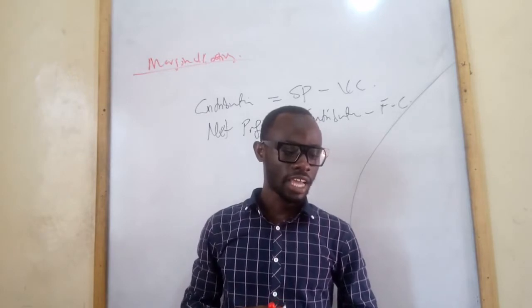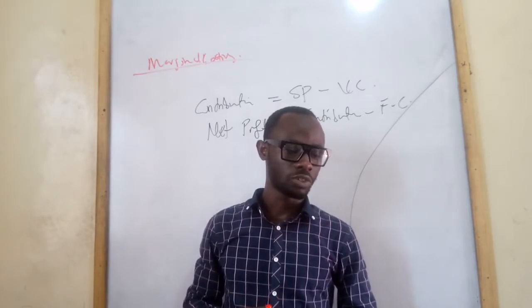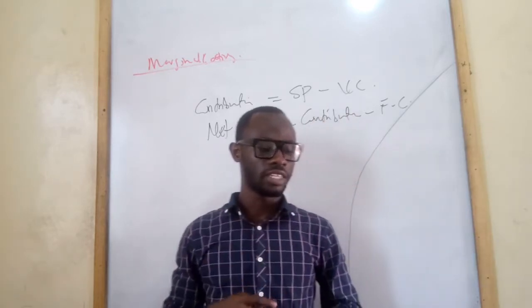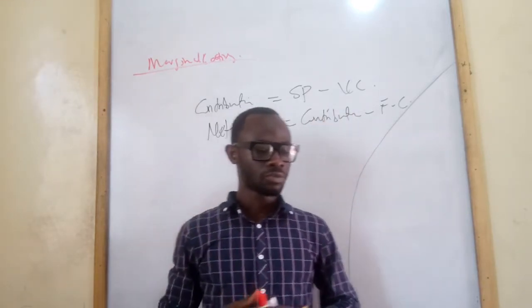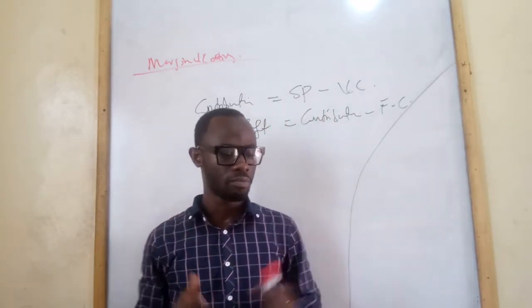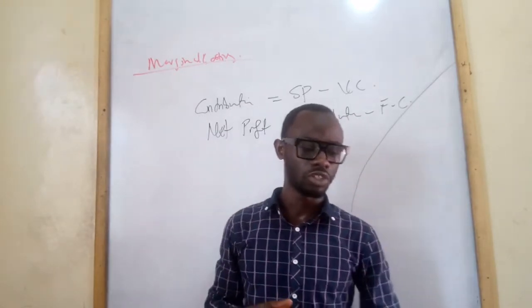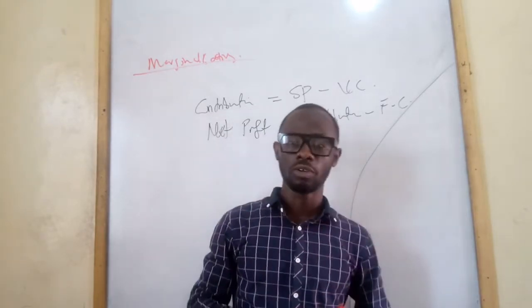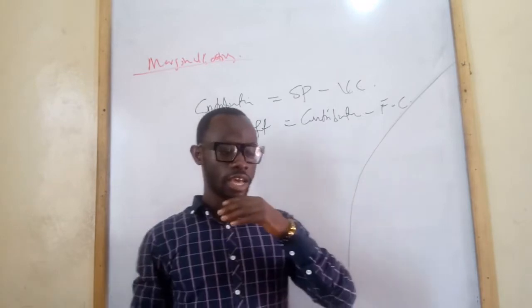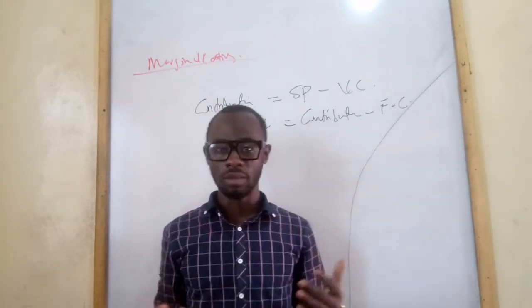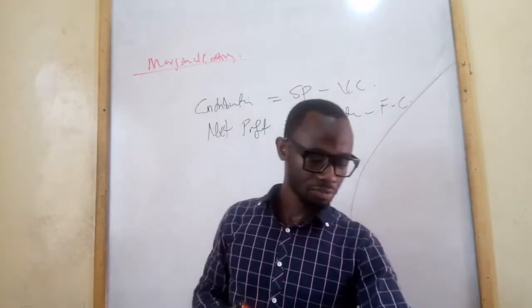Therefore, by selling an extra item of output or service, the following will happen: revenue will increase by the sales price, cost will increase by the variable cost per unit, and profit will increase by the amount of contribution earned from the extra item. So the first principle of marginal costing is that the fixed cost is the same for the given output.